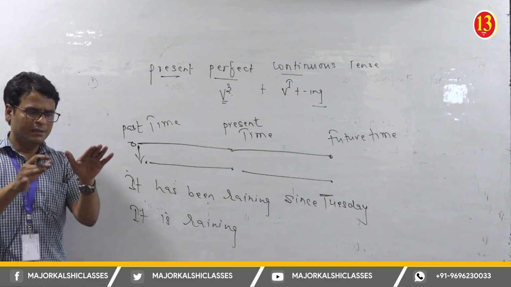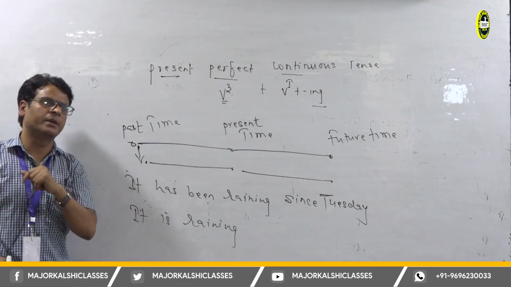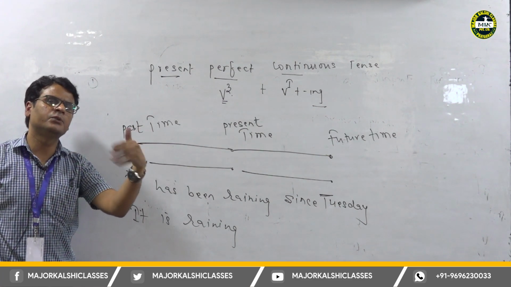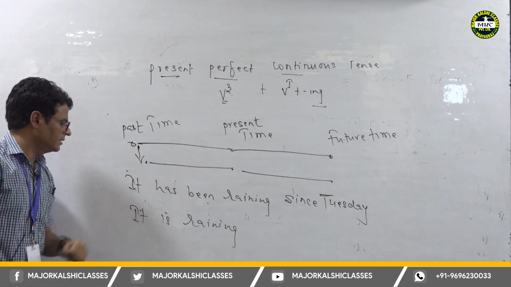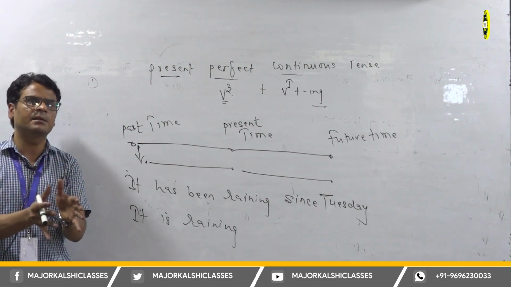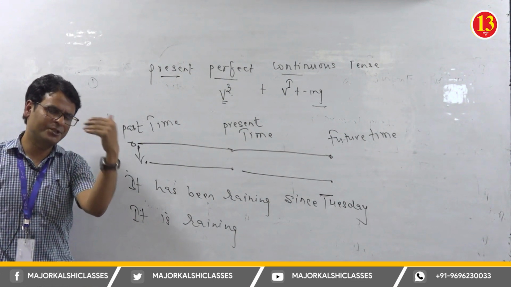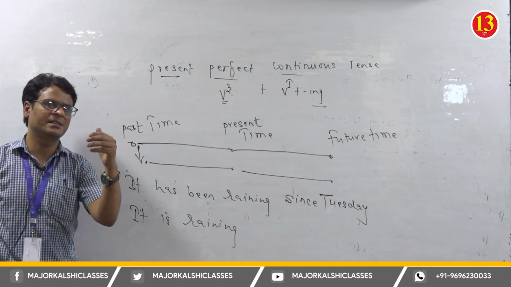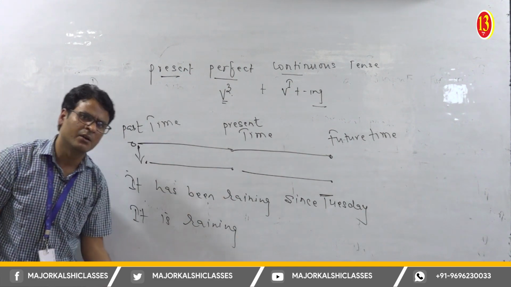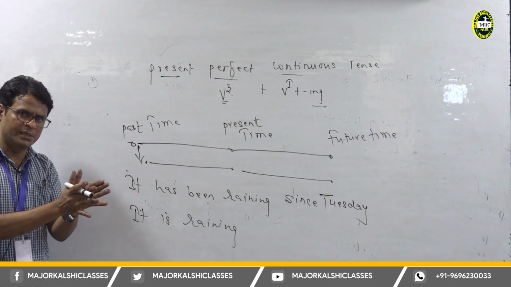It means it started raining from Tuesday and it is still raining, and in future it may be raining. But on the other hand, this example, it is raining, means it is raining in the present. It has no link with the past, and there is no certainty that it will keep on raining in the future. This example is only limited to the present.